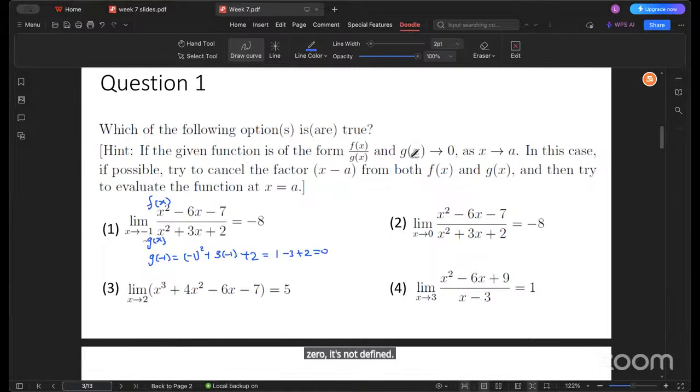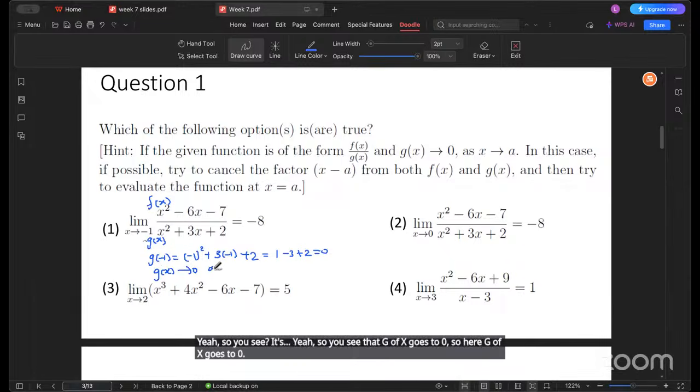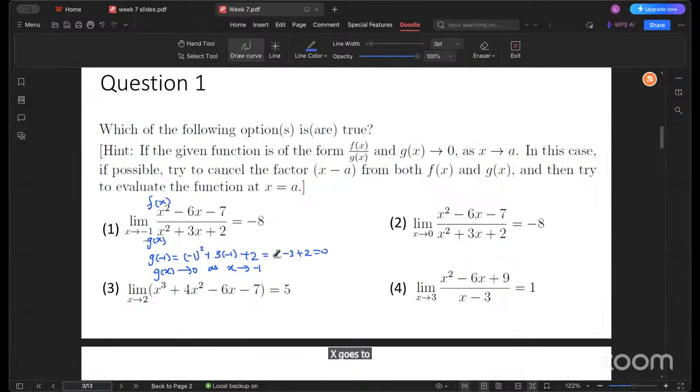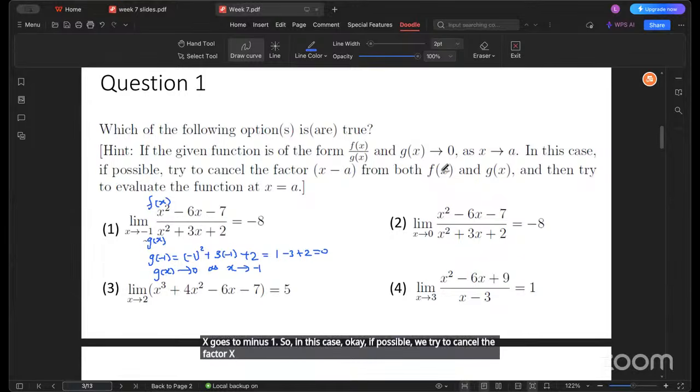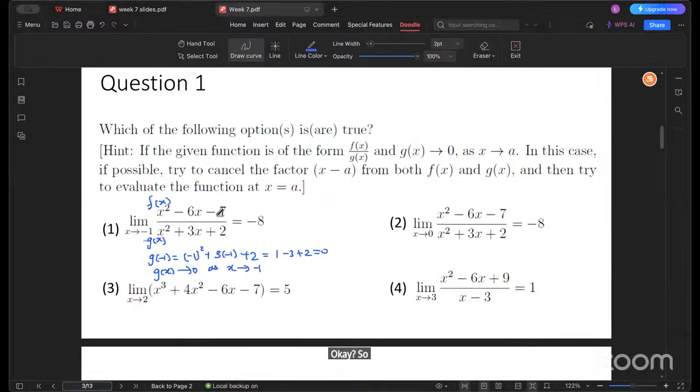So you see that g of x goes to 0 as x goes to minus 1. So in this case, if possible, we try to cancel the factor x minus a from both f of x and g of x, and then we try to evaluate the function at x is equal to a. So we have to see whether there are any common factors like x minus a.